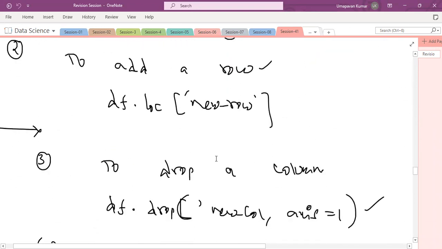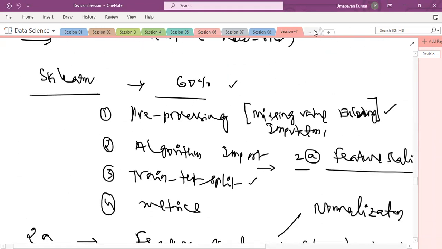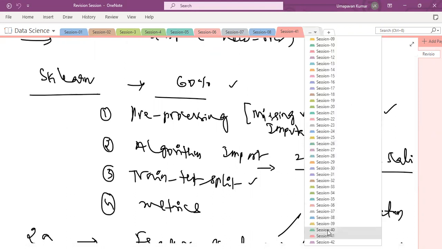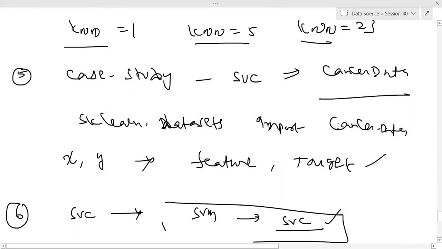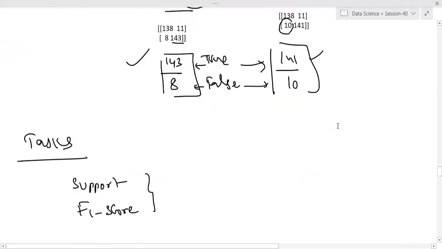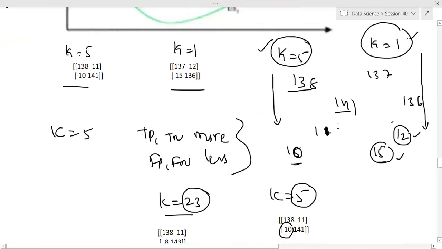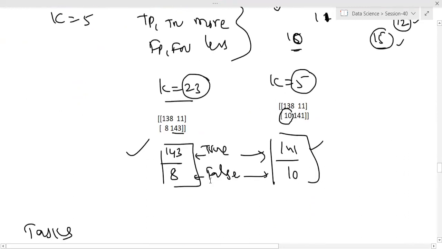Yesterday we discussed these things, maybe in an earlier session. If you observe here, guys, k equal to 1, we have seen the confusion matrix and all these things. With k equal to 5 and k equal to 23, some betterment.